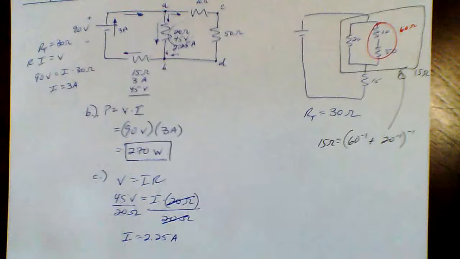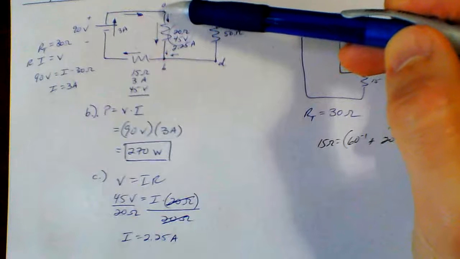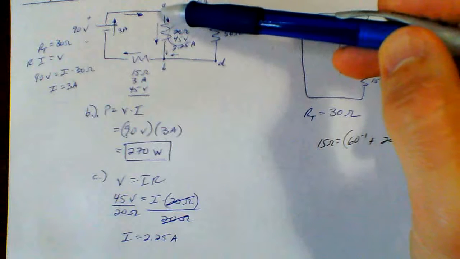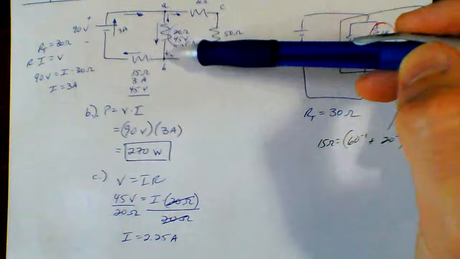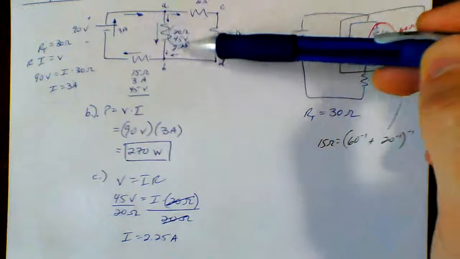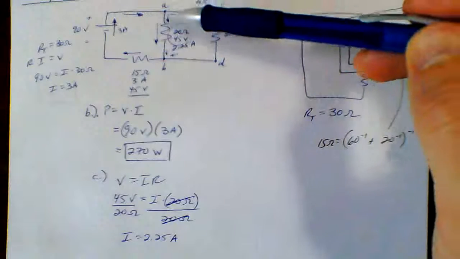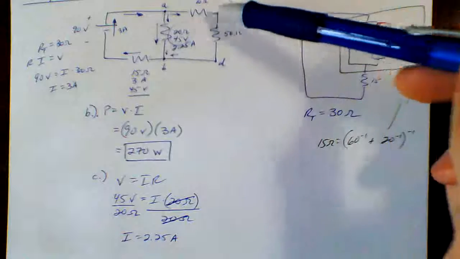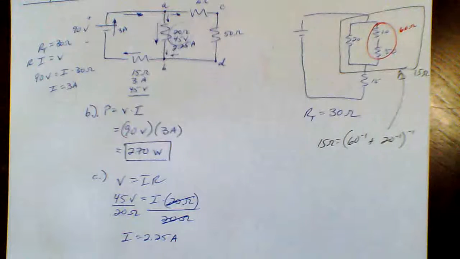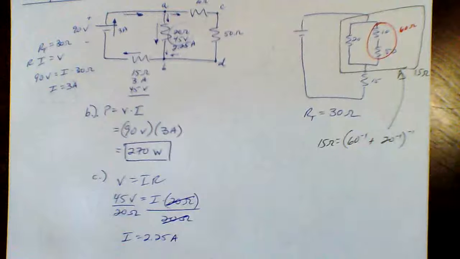Here's where we look at the junction rule. If I have 3 amps coming into this junction, I know that the current coming through here and the current coming through this part must add up to equal 3 amps. Well, if I have 2.25 amps coming this way, and I have 3 amps coming in, then I must have the remainder going straight and then going through my 10 ohm and my 50 ohm resistor, which means I can subtract 2.25 from 3.